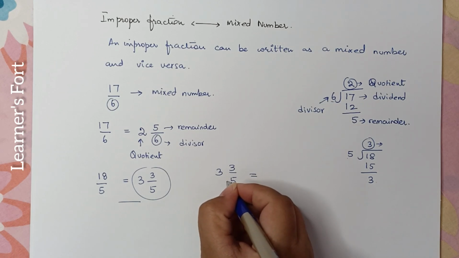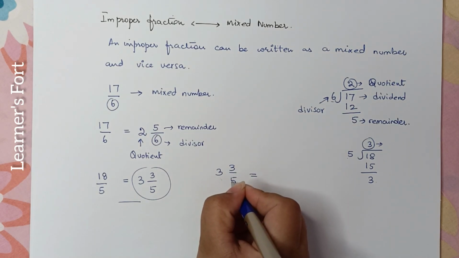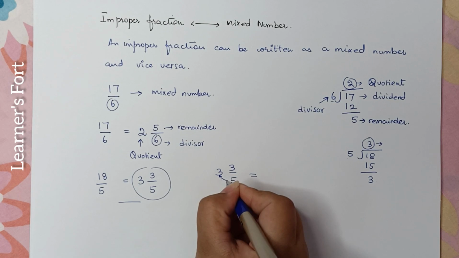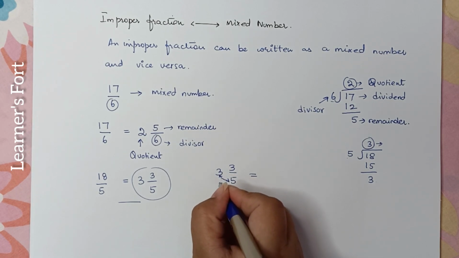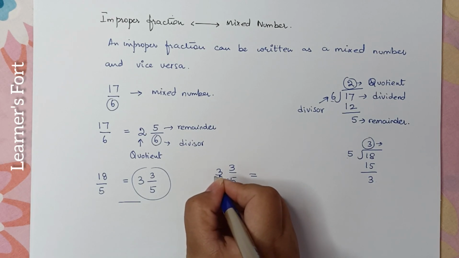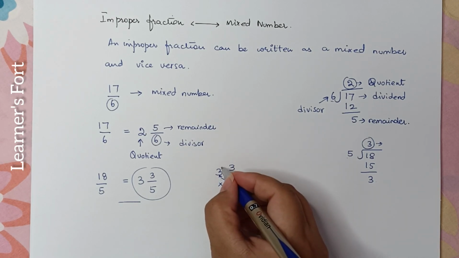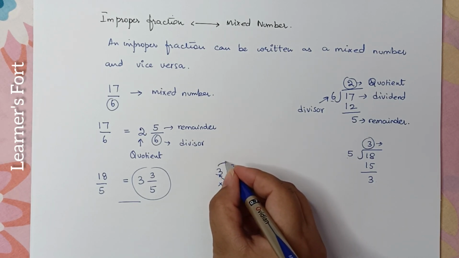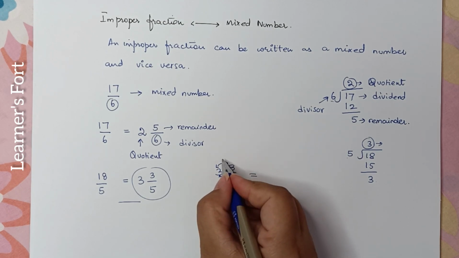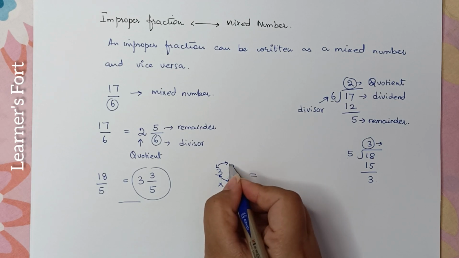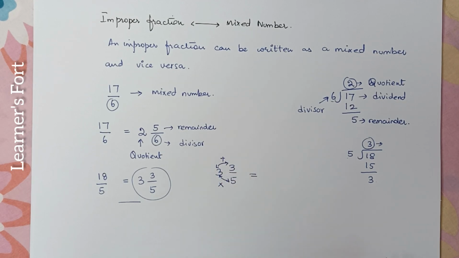We go clockwise, right? So, 5, the denominator, gets multiplied with the whole number, and to the resultant answer we will add the numerator. And this is how it goes.